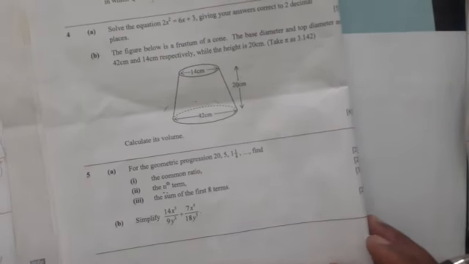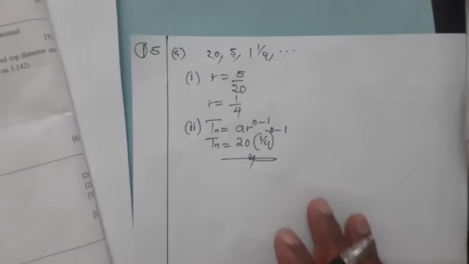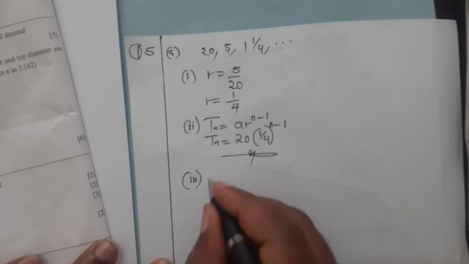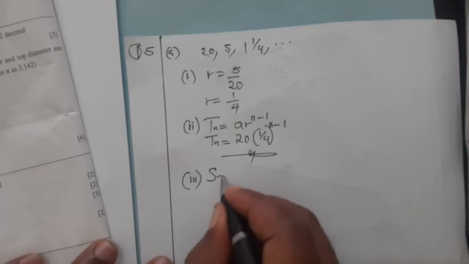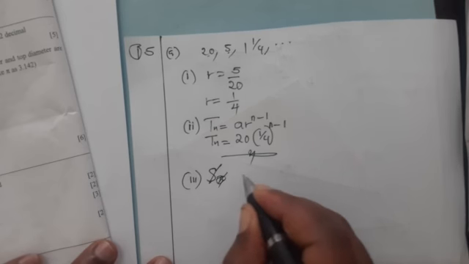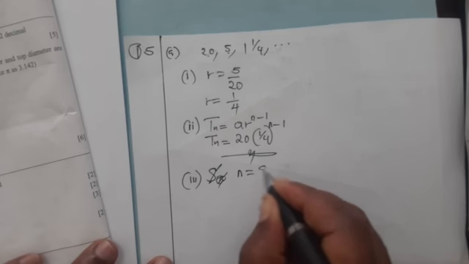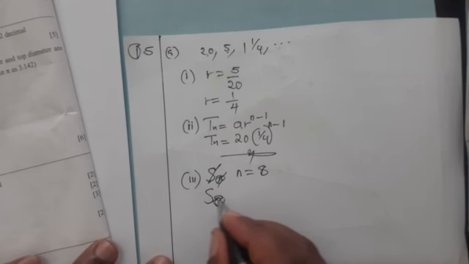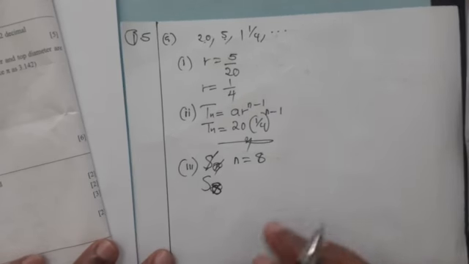Okay, the third one, the sum of the first 8 terms. Okay, so now to get the sum of the first 8, not to infinity, our n is what? 8. So say S8. Okay, it's 8, not to infinity. Take note, it's 8.